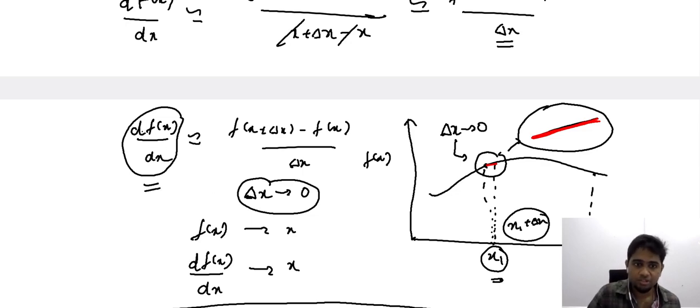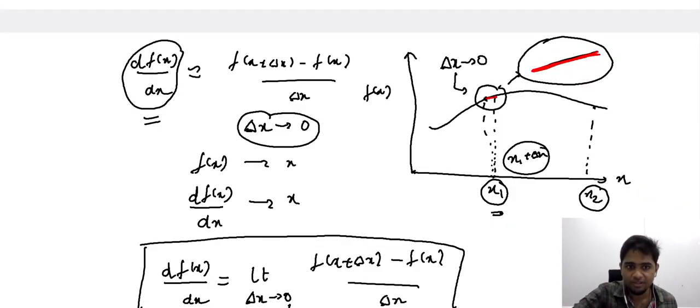So when we say the change in f of x with respect to x, the question is how much is this delta x, how much change in x are we considering. The change in x that we are considering is close to 0. So for a minute change in x, the corresponding change in f of x is the derivative. The best way of describing the change in x that influences f of x is somewhere close to 0, and this is the ideal description of the derivative.